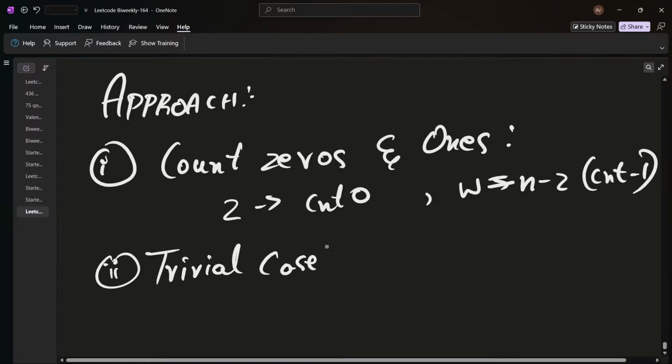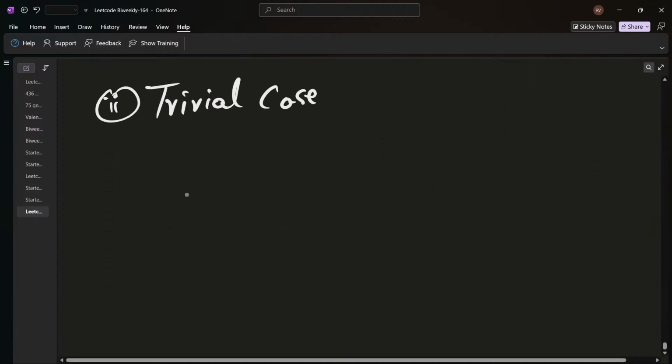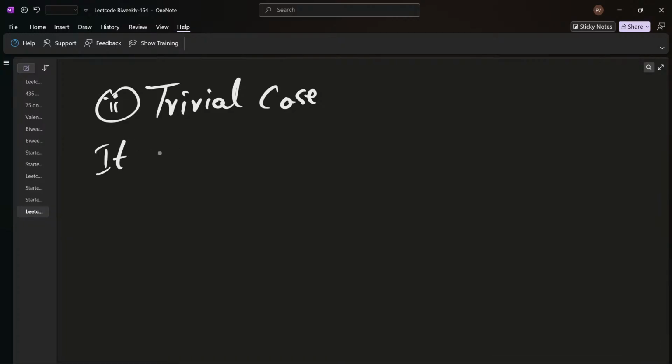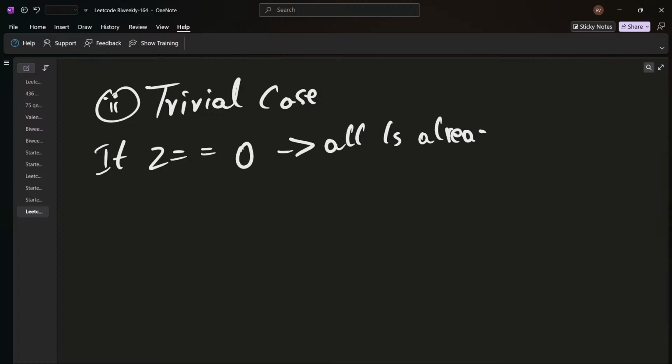Now, second one, trivial case. What is the trivial case? If z is equal to 0, which means all ones already earlier itself, then return 0.